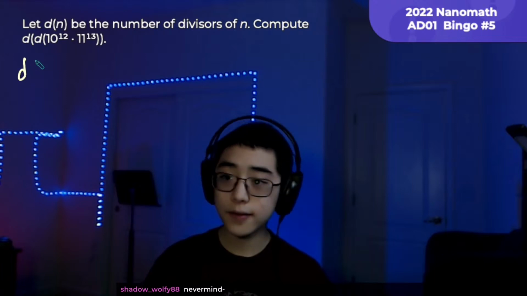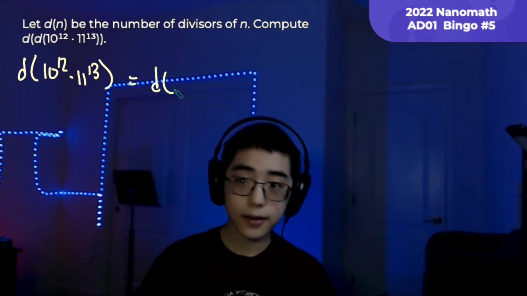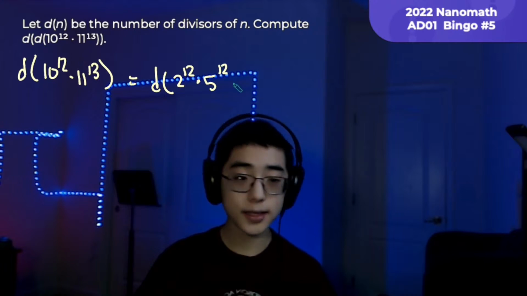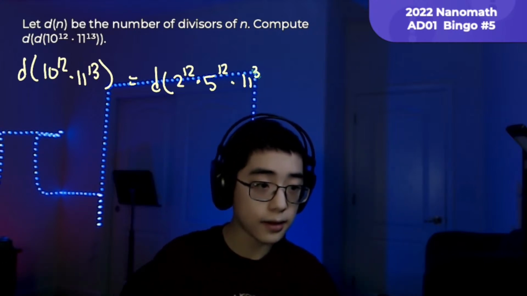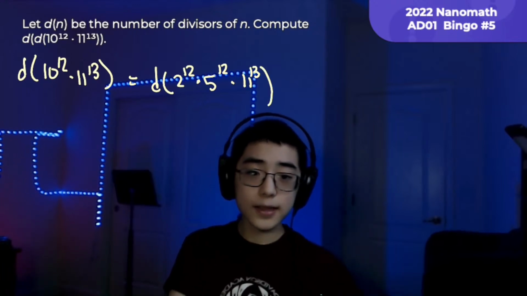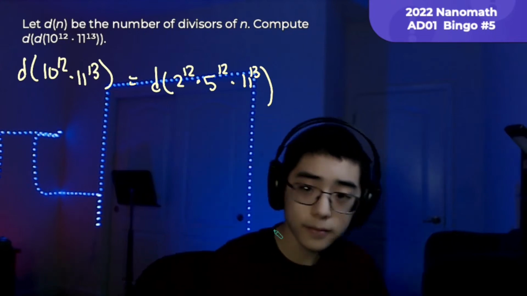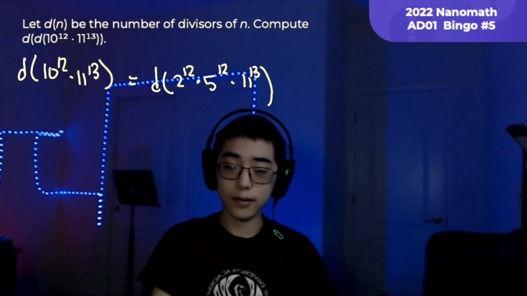So d of 10 to the 12 times 11 to the 13 equals d of 2 to the 12 times 5 to the 12 times 11 to the 13, because 10 is 2 times 5, but 11 is prime.